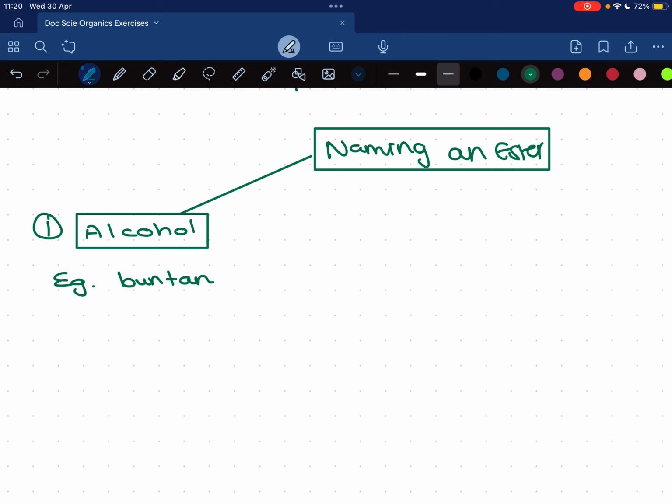butanol. We would take out the anol part, and we would then call it butyl.